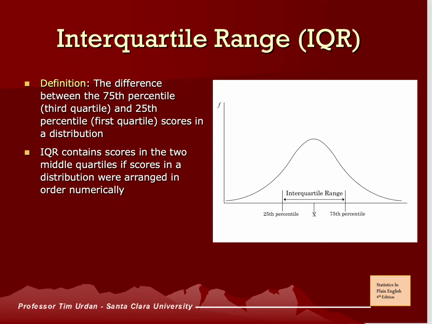The interquartile range sometimes is really neglected in statistics. A lot of people think it's only important when you're looking at a box and whisker plot, but that's really not true. The difference between the 75th and the 25th percentile is what we call the interquartile range. So think about it: I have the 25th percentile, 50th, and 75th.